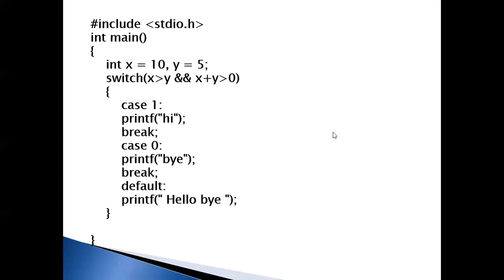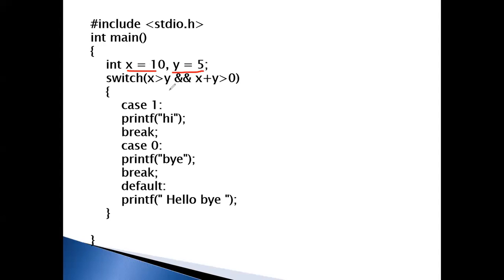Here in this case, we have used two things: x equal to 10 and y equal to 5. First, the switch expression is evaluated. Within the switch, the expression will be evaluated.